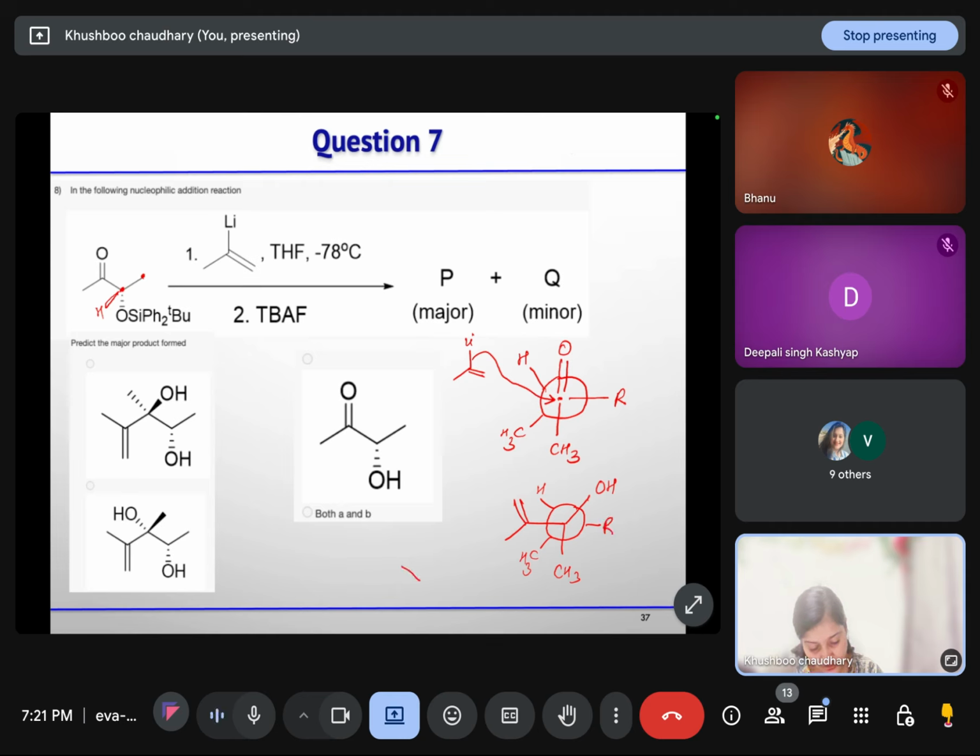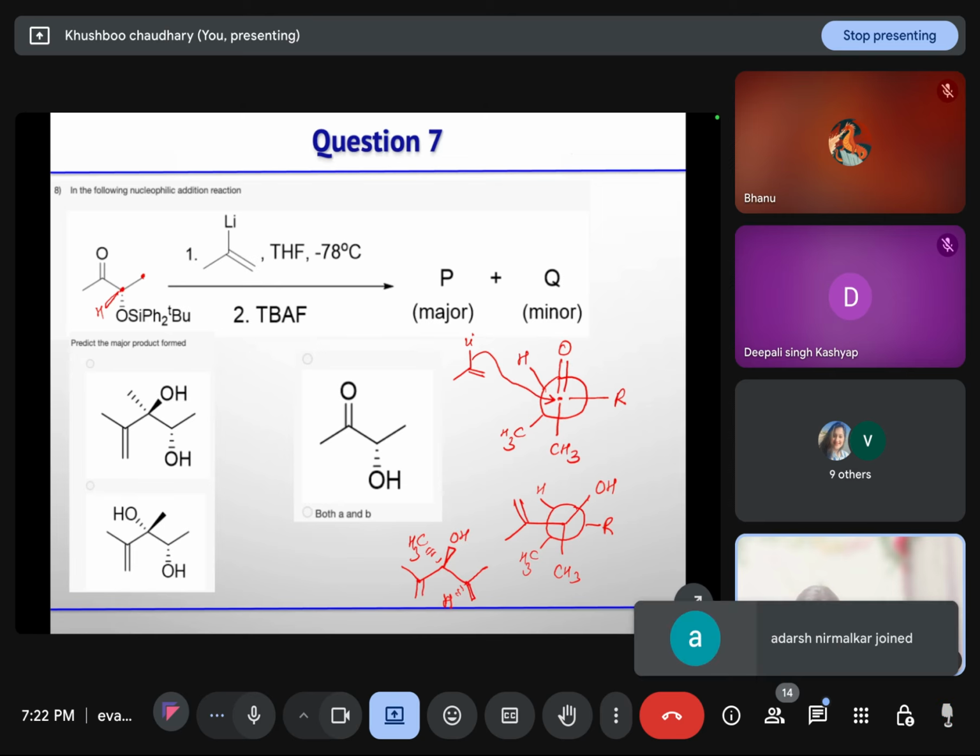If you draw it in this way, this OH is above, methyl is below, and at the next center, your hydrogen is above and methyl is below.